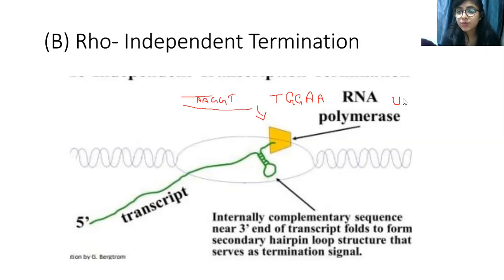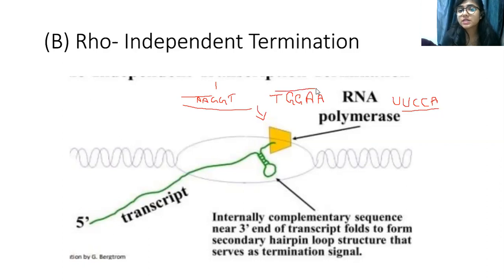U, C, A. This is for the first sequence, right?